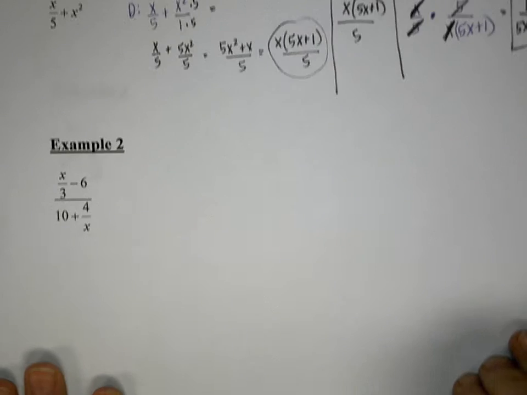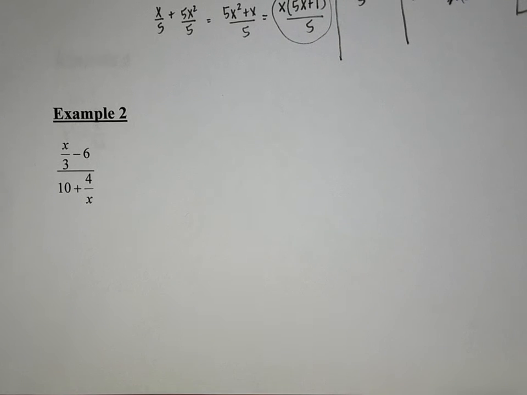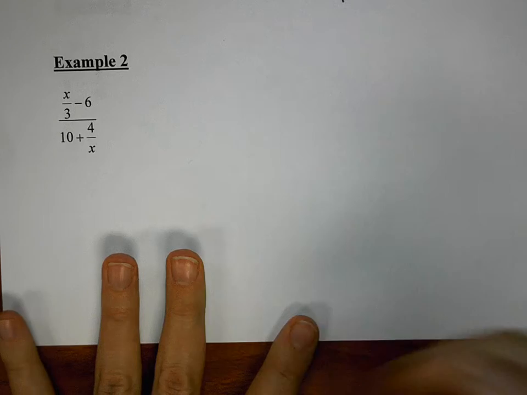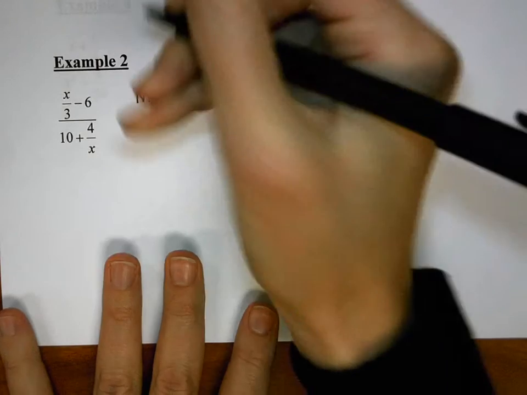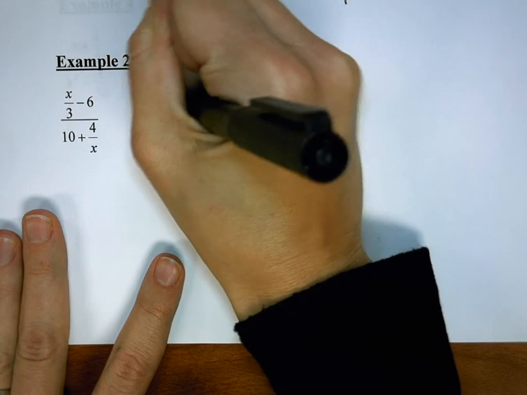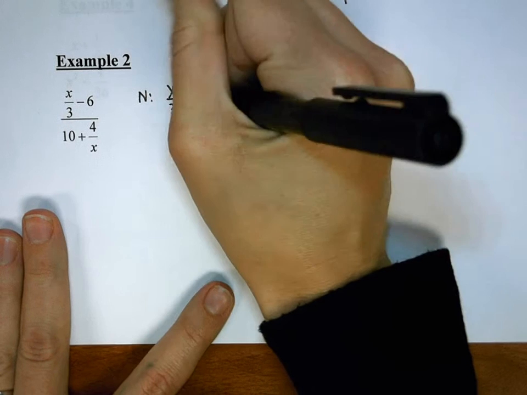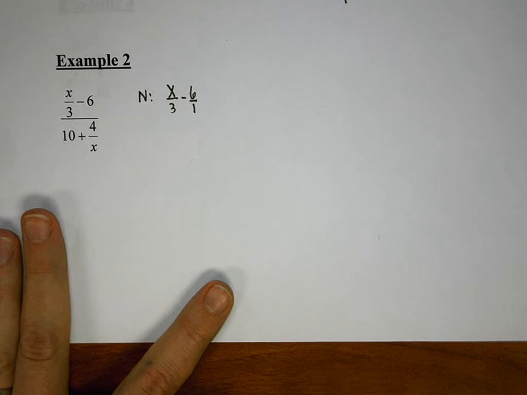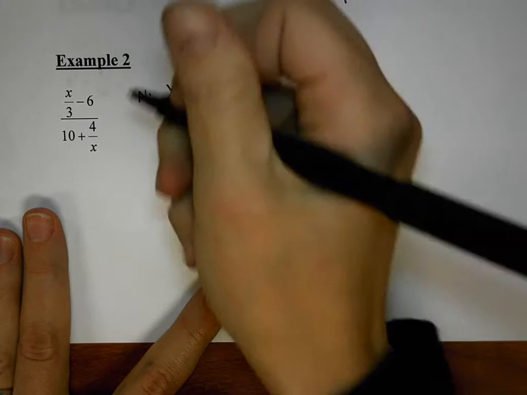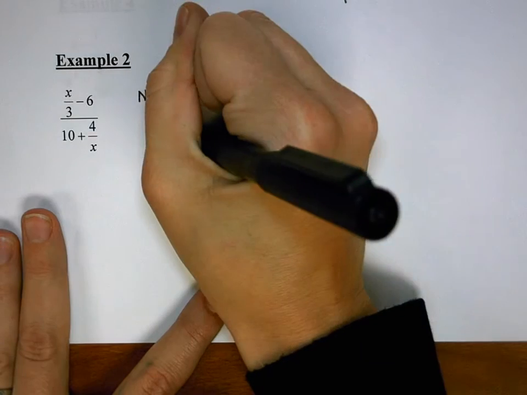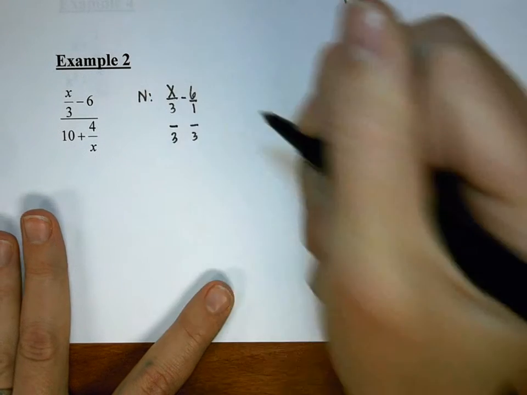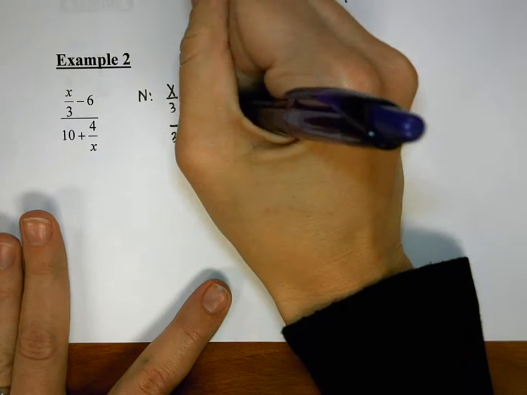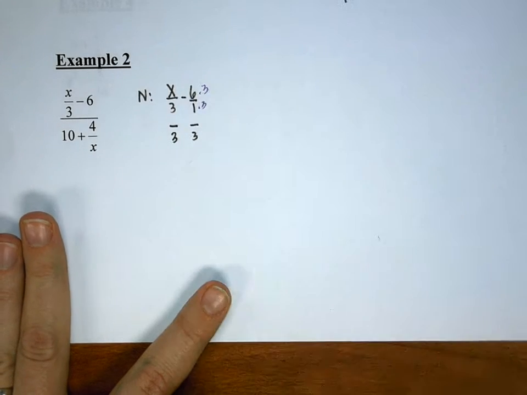All right, example 2. So this one, our numerator and denominator are going to have to be simplified. So I'm going to start with my numerator. I have x over 3 minus 6, and 6 can be written as a fraction by putting it over 1. Then I need to get a common denominator in order to add them together. So my common denominator is going to be 3, which means I'd have to multiply the top and the bottom here by 3.